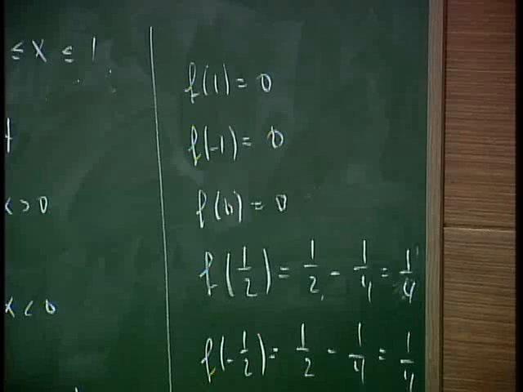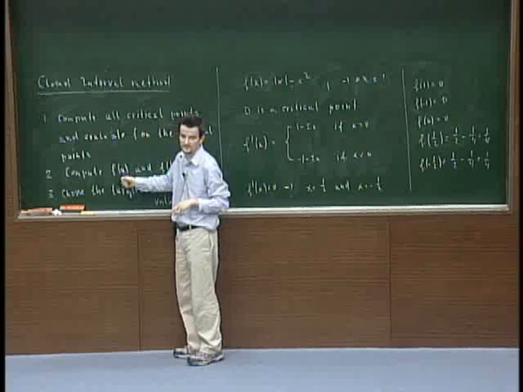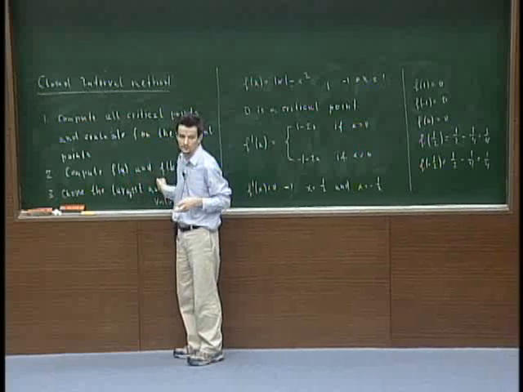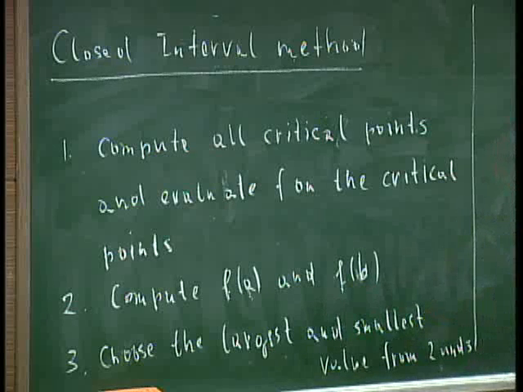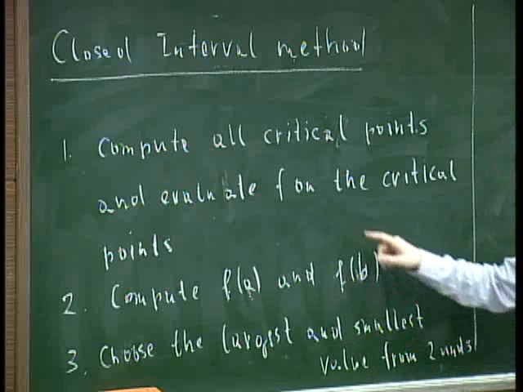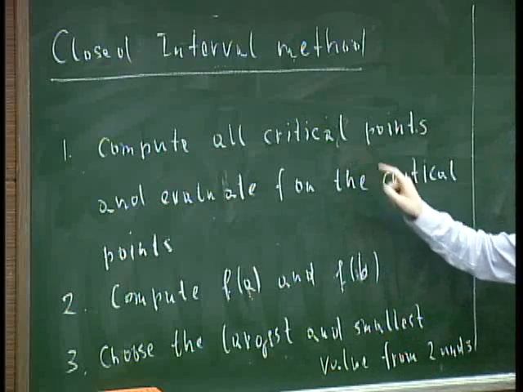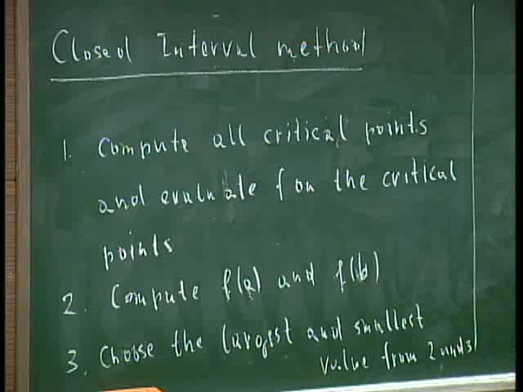And we know that if the absolute maximum or absolute minimum is not one of the boundary points, then it's inside, and then it's also a local extremum. But local extrema must be contained in the set of critical points. Okay, so for continuous functions on a closed interval, finding absolute extreme values is very, very easy.